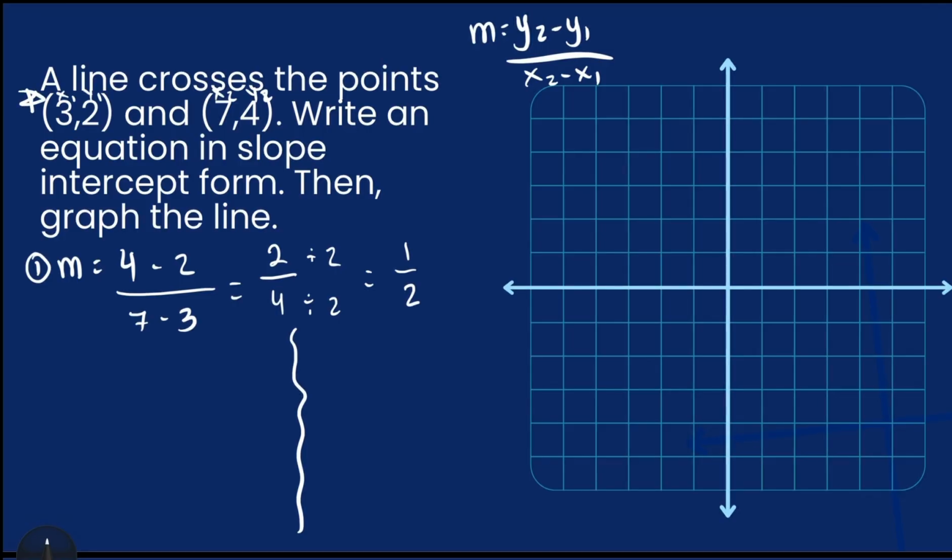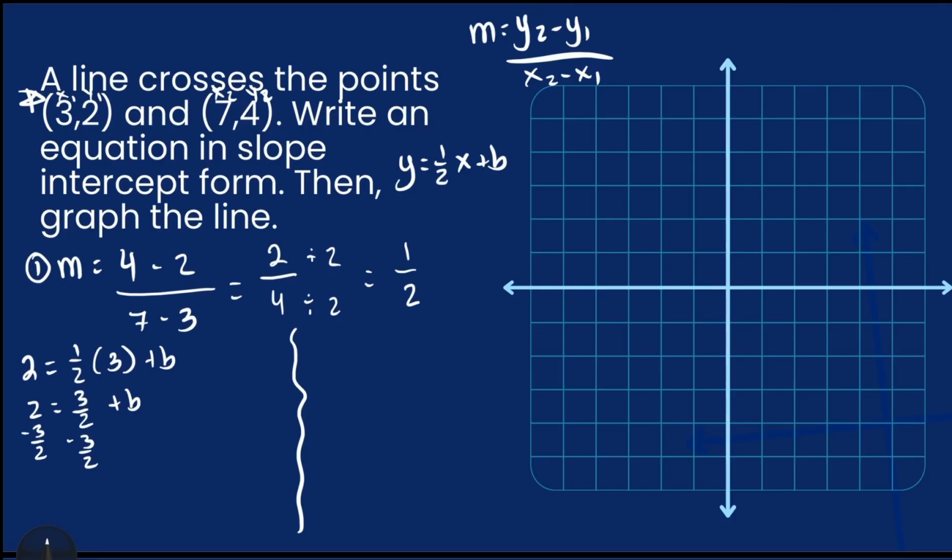So the first thing I'm going to do is replace, so right now we have y equals 1/2 x plus b. I'm going to replace y with 2 equals 1 over 2 times 3 plus b. This is going to be 3 over 2 plus b, and then I'm going to subtract 3 over 2 from both sides, which will be like this.